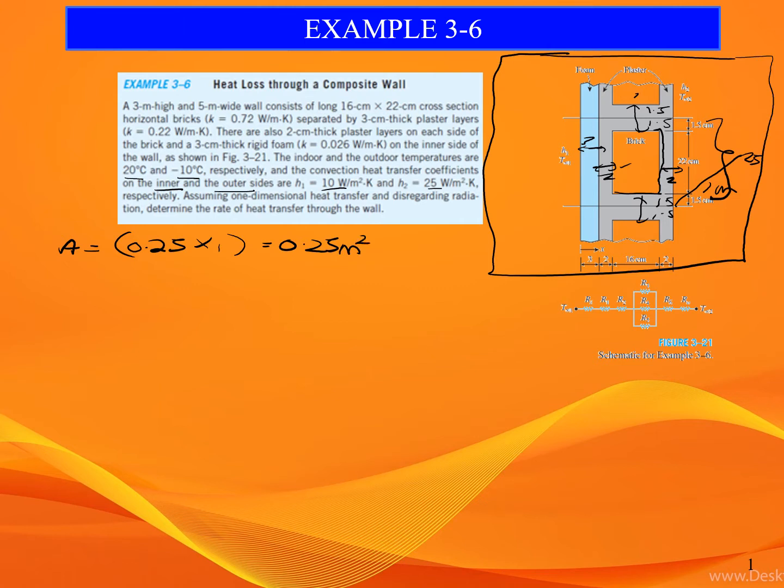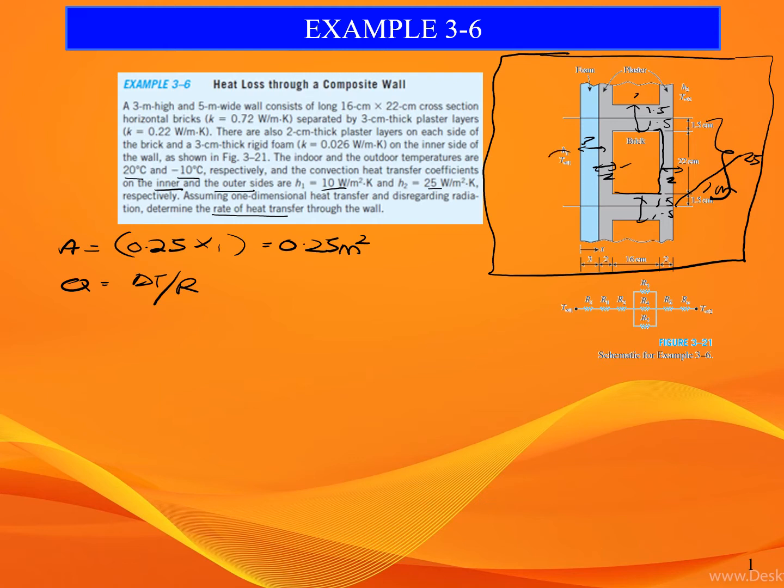When you already get the area, this question wants to know the rate of heat transfer through the wall. So they want us to calculate Q. Q equals delta T over R. Delta T we know already, 20 minus negative 10. Before we proceed, we need to first draw the thermal resistor network.